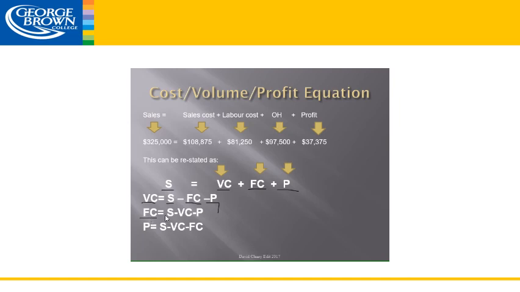So in this case, our fixed costs equals our sales minus our variable costs minus our profit, and our profit equals our sales minus our variable costs and our fixed costs. So again, knowing 3 out of the 4 variables, we can isolate for the unknown and solve for it.